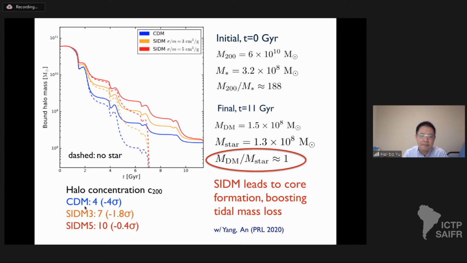For CDM, the concentration, which measures how dense the dark matter is, has to be 4 sigma below the cosmological median, which for CDM is really, really unlikely. While for SIDM, it's closer to the median concentration. If you assume SIDM 3, it's about 2 sigma below the median, which is low, but 2 sigma is not too bad. If you consider SIDM 5, then you can get it with almost a median concentration.